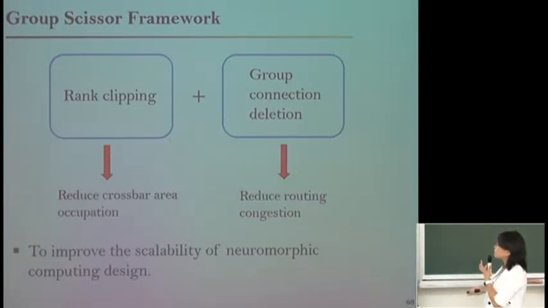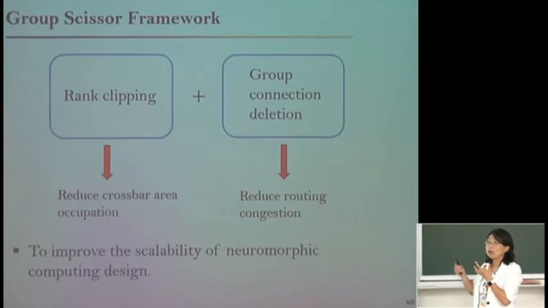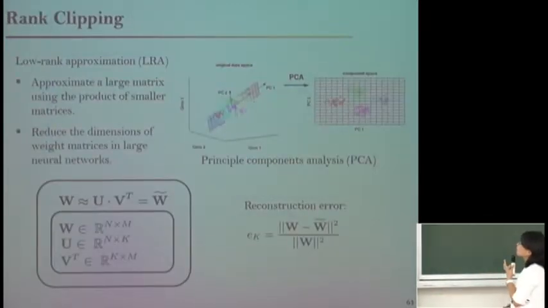So group connection deletion is used to reduce the routing congestion. In this way, our expectation is that a large network can be partitioned and applied to a minimum number of crossbar arrays.